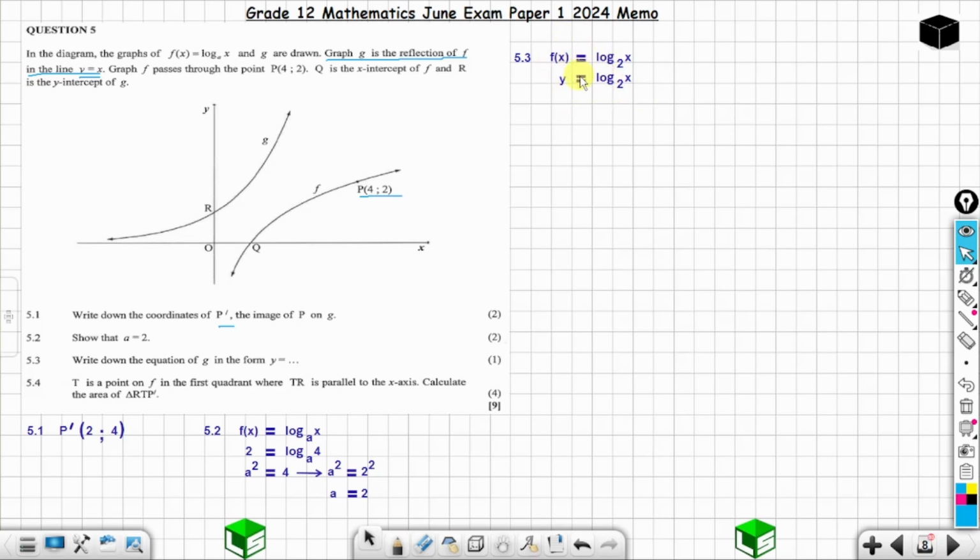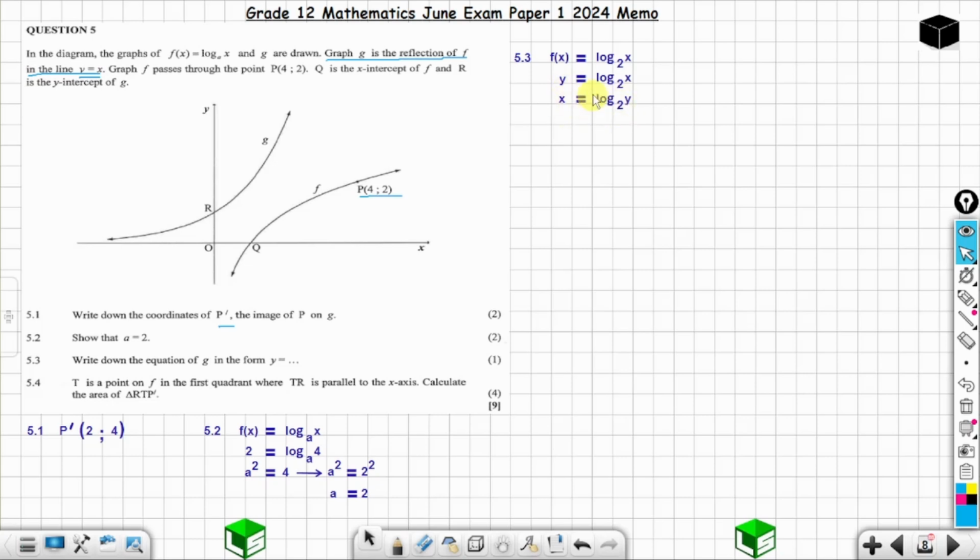Now let's find g, which is the inverse of f. To find g, which is the inverse of f, you are going to swap your x and y. So you are going to have x is equal to log of y base 2. So you have your base is 2.